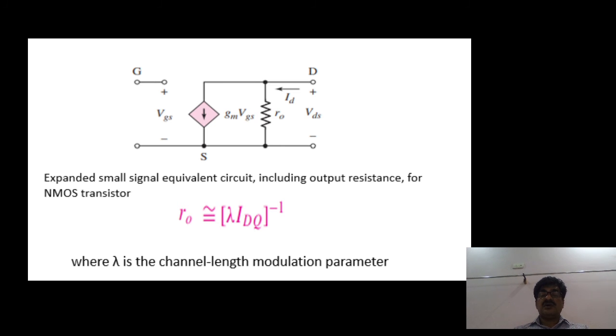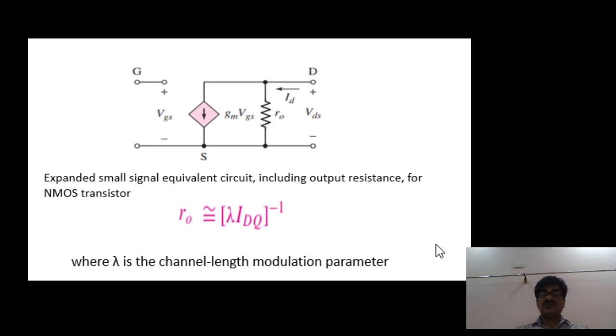Suppose you consider channel length modulation, like base width modulation in the case of BJT. The ro resistor comes in parallel with the current source, where ro is given as the inverse of lambda into IDQ, and lambda is the channel length modulation parameter.